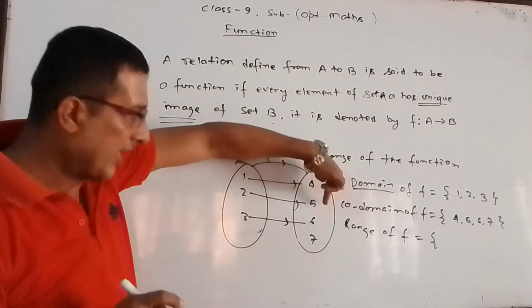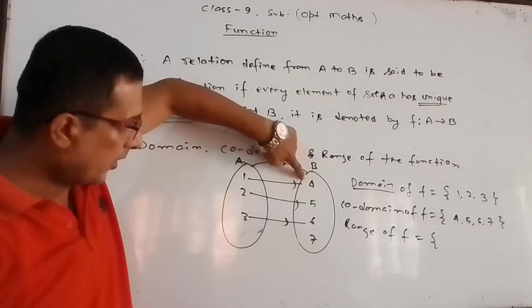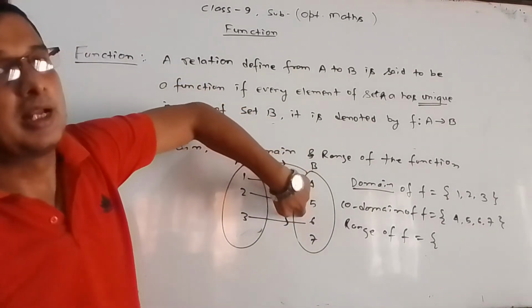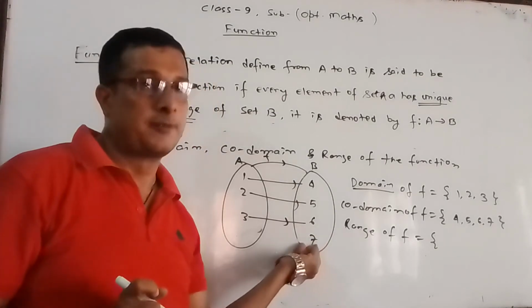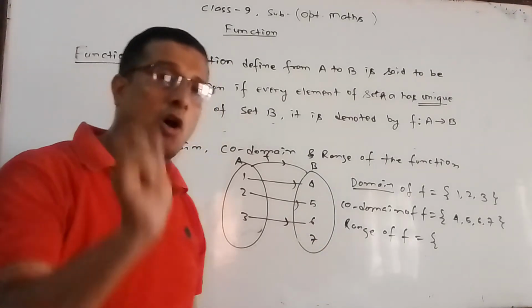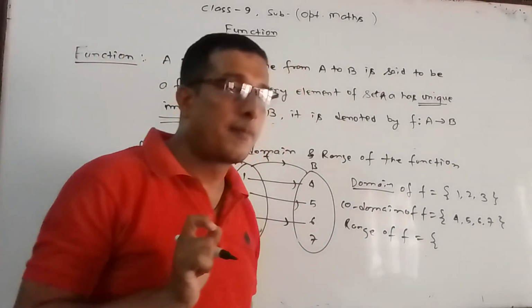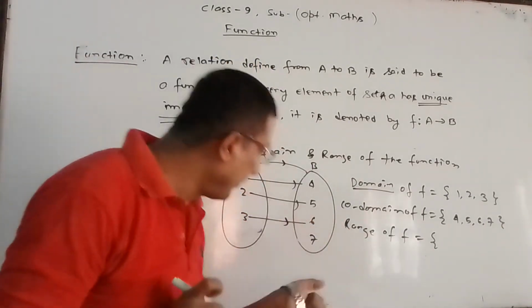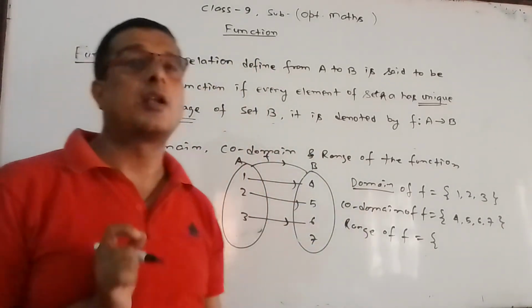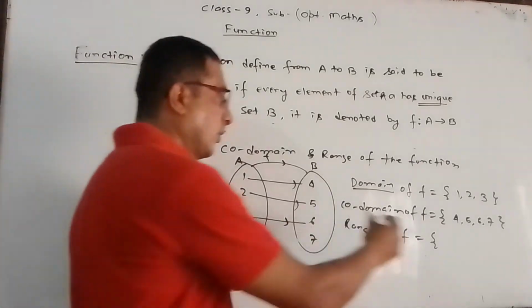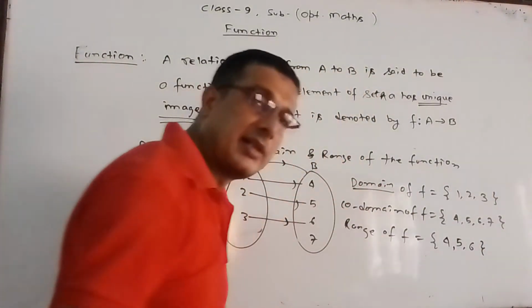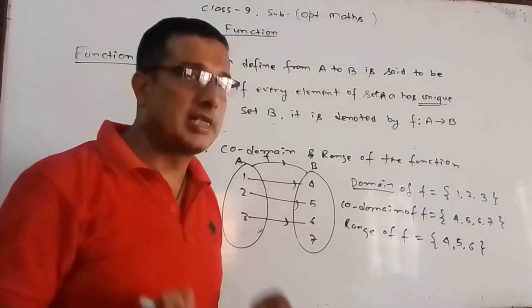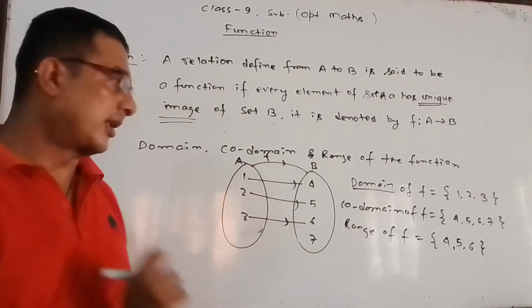Only 4, 5 and 6 are participating in the mapping. 7 is not participating, so it is not in the range. So all elements of set B which are mapped with set A are called the range of the function. It means only 4, 5 and 6 are our range. Is that clear?